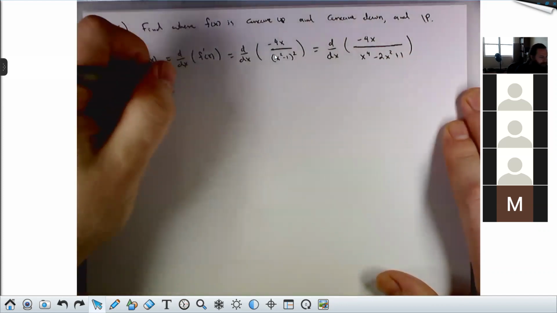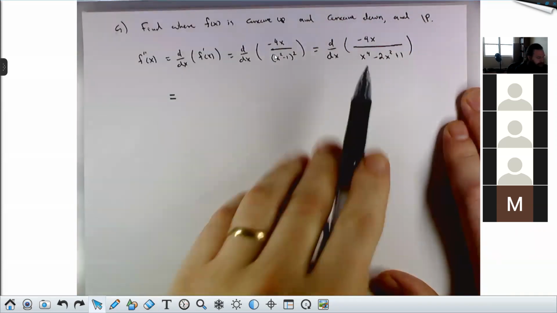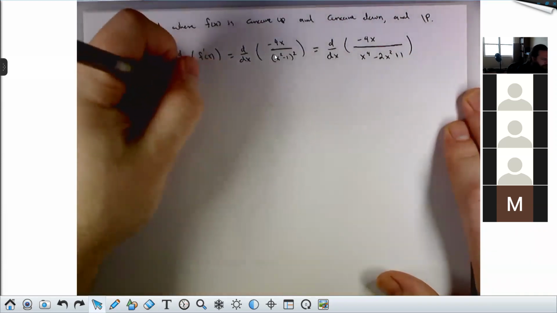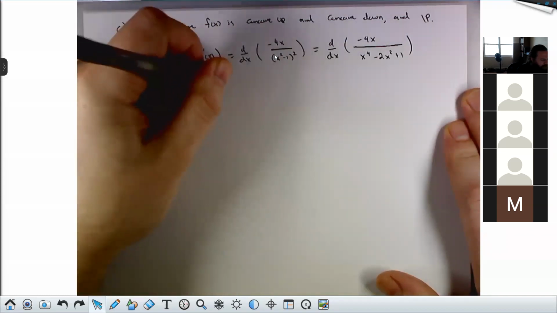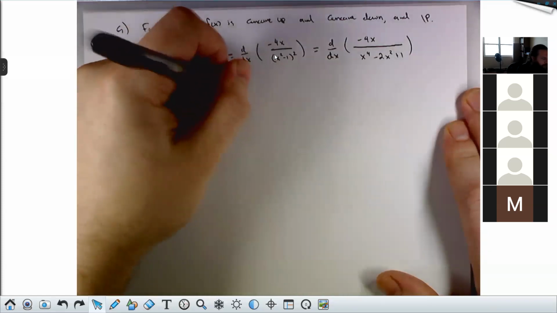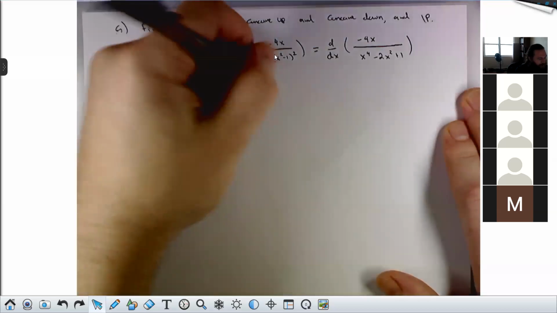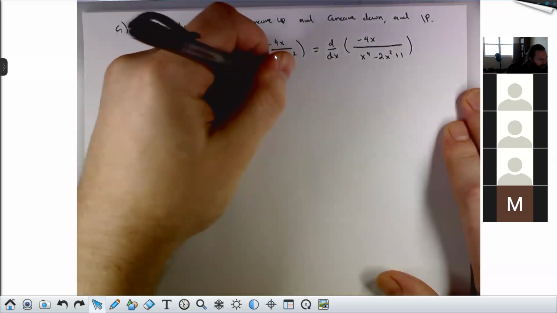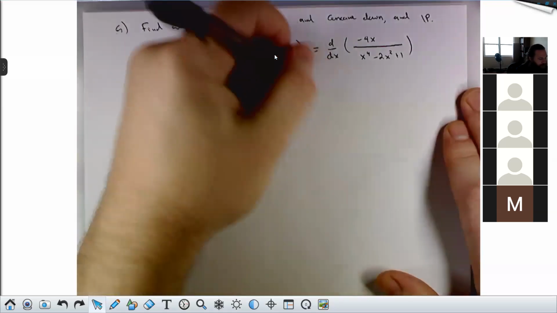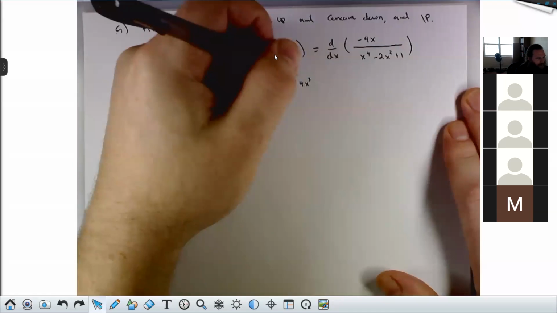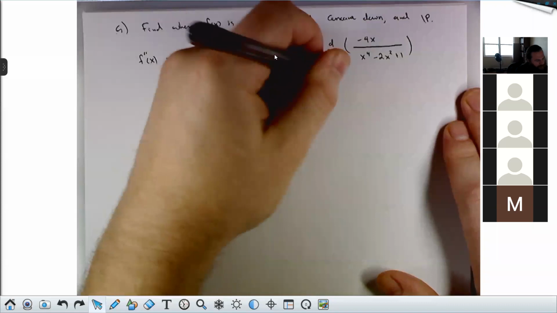This is the thing we are differentiating. And according to the quotient rule, this is the bottom times the derivative of the top. So that's x to the 4 minus 2x squared plus 1 times the derivative of the top, which is just negative 4, minus the top, which is negative 4x, times the derivative of the bottom, which is 4x cubed minus 4x plus 0.